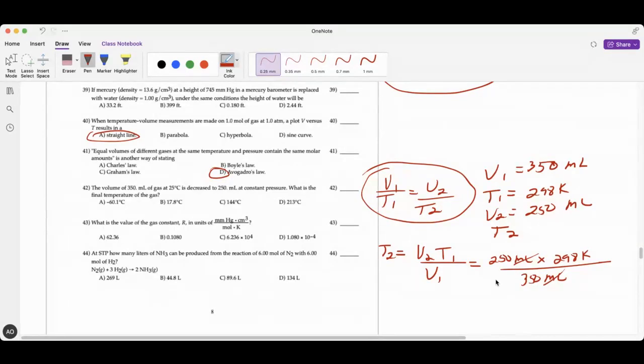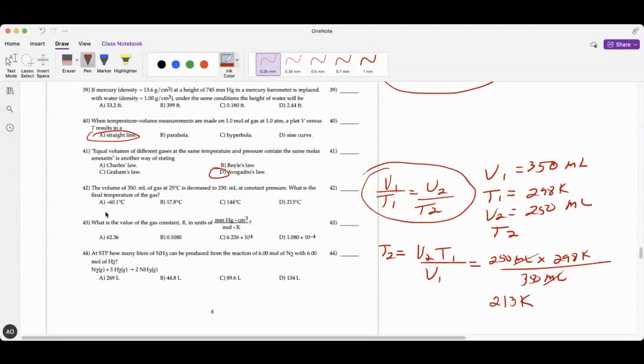You can rearrange the equation as long as you rearrange it correctly. 250 times 298 divided by 350, I get 213 Kelvin.